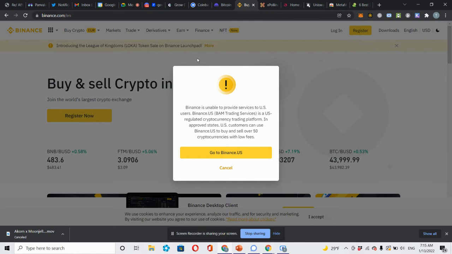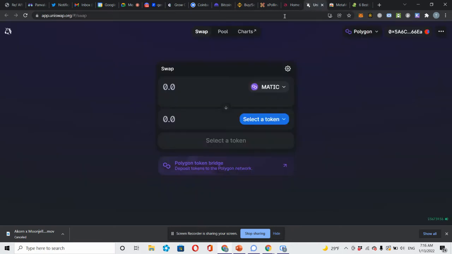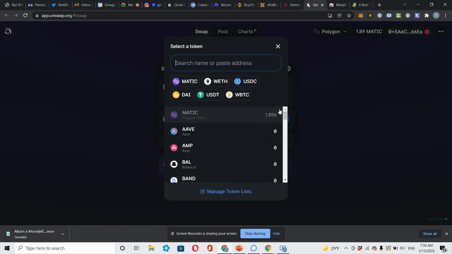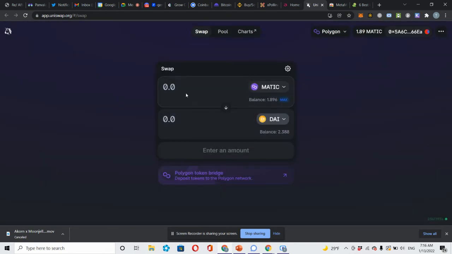But if you're wanting to get your money to be used with Panvala, what you'd do is you would have your money again in your MetaMask, but you'd want to transfer it to DAI. So if that money is not already in DAI, you can come to Uniswap, and Uniswap's on Polygon and Ethereum, and you can transfer from Matic to DAI.